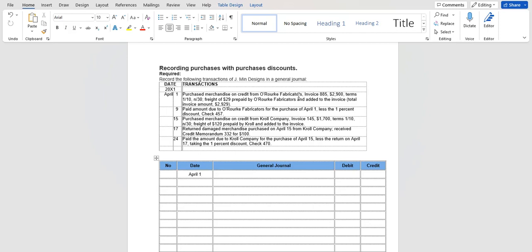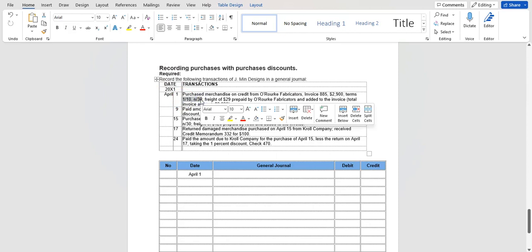The terms, this is what we want to look at. This one has a discount, and days that it's due in full. Here it says 1% in 10 days or net 30. Net 30 means if we don't pay within the 10 days with the 1% discount, at 30 days we must make the full payment.